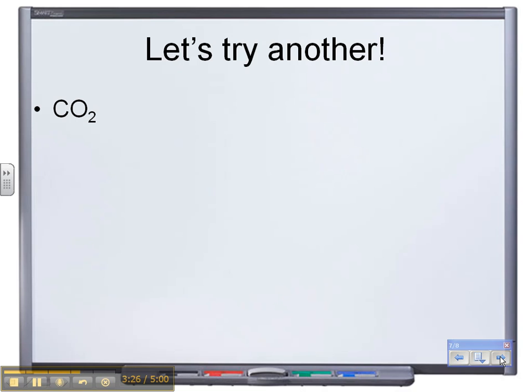Now we've got one like CO2. So CO2, when you start and you try to do the same thing that we just did, we've got those 2 single bonds, and first you'll add up the valence electrons like I said, and you'll get 16 total electrons that you have to distribute around here.